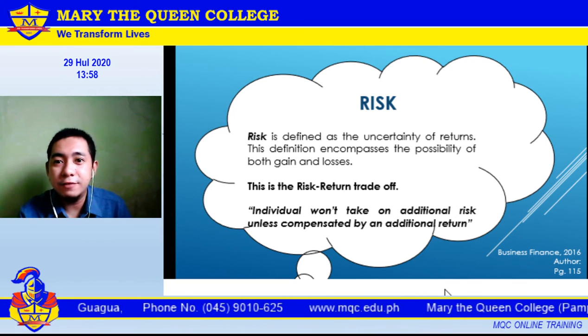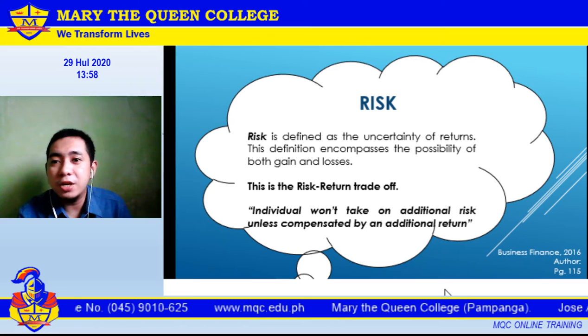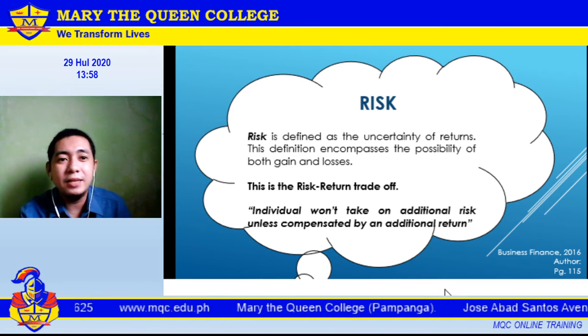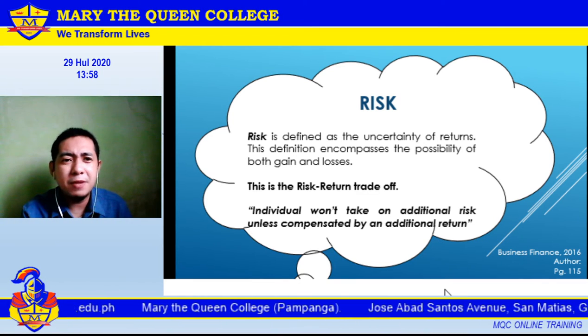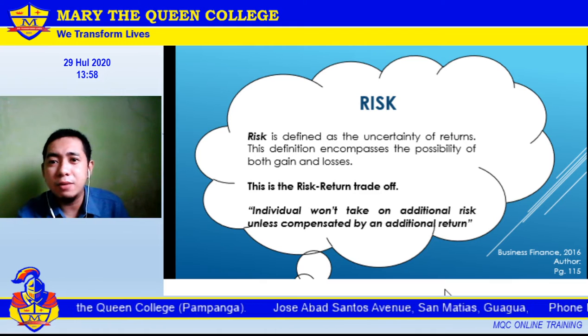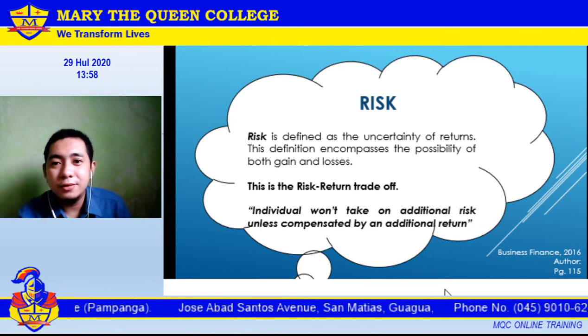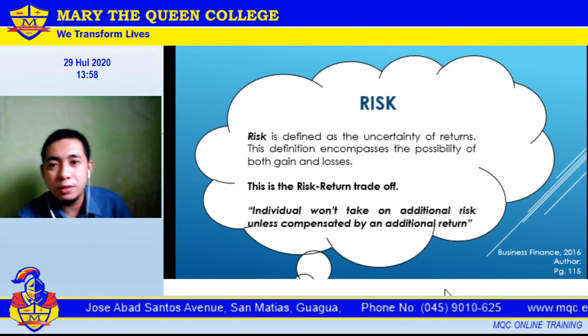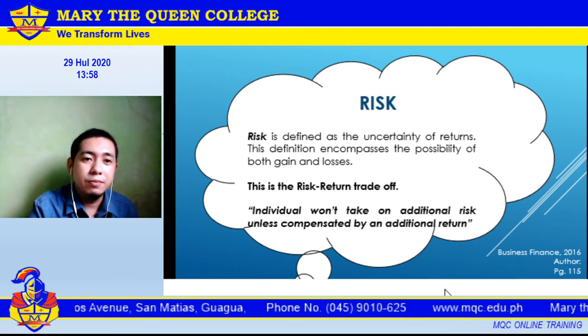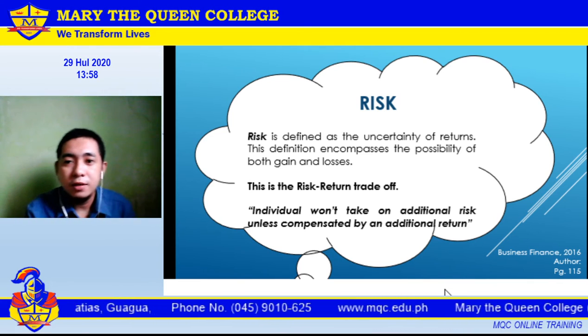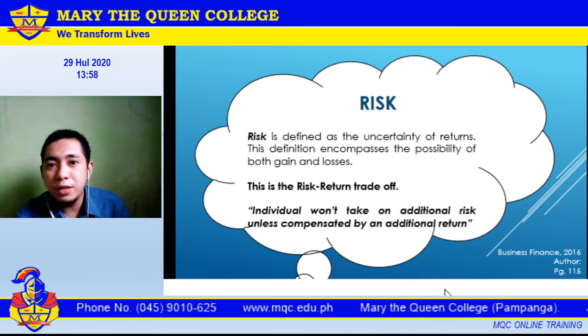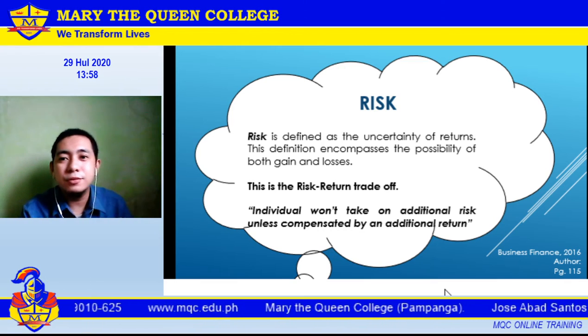That's the idea of risk. This definition encompasses the possibility of both gains and losses. When you decide, it may be favorable or unfavorable. Risk involves both that you may gain or you may lose. Ang sabi nga ni Goofy, if you win, you may lead. If you lose, you may learn.